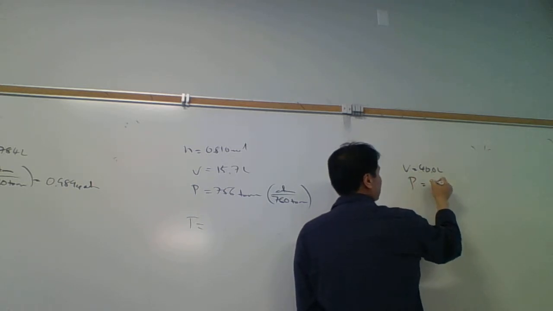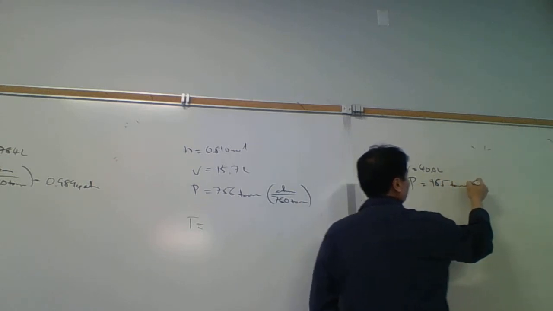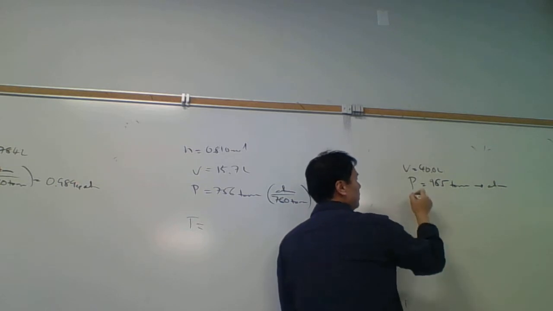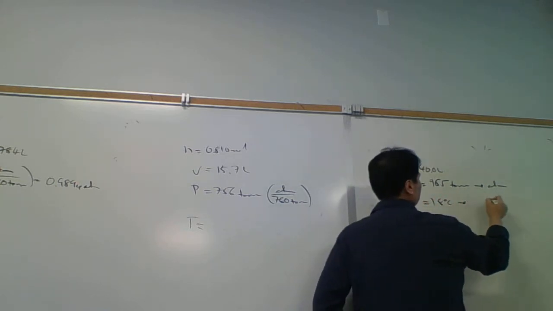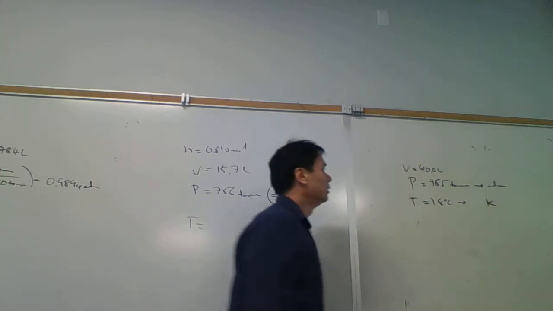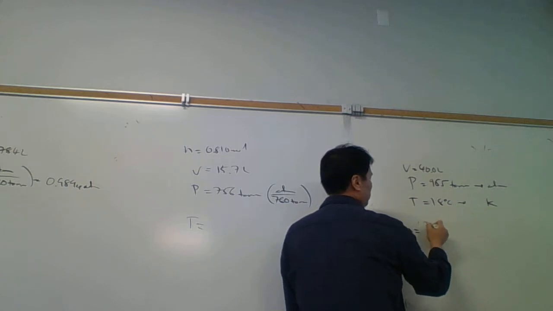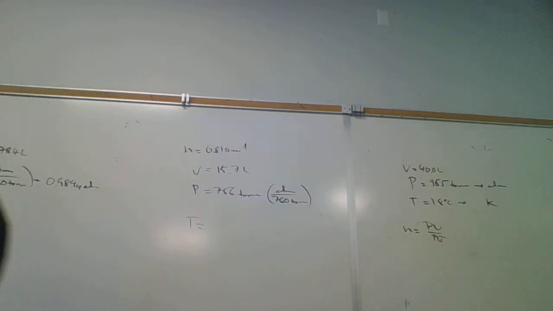Pressure, 965 torr. And then we're going to convert it to atmospheres, 760 torr per atmosphere. And the temperature, 18 degrees C. And we're going to convert it to Kelvin. And then we'll just plug it into our equation. N is equal to PV over RT. R is 0.0826. See what they got here.